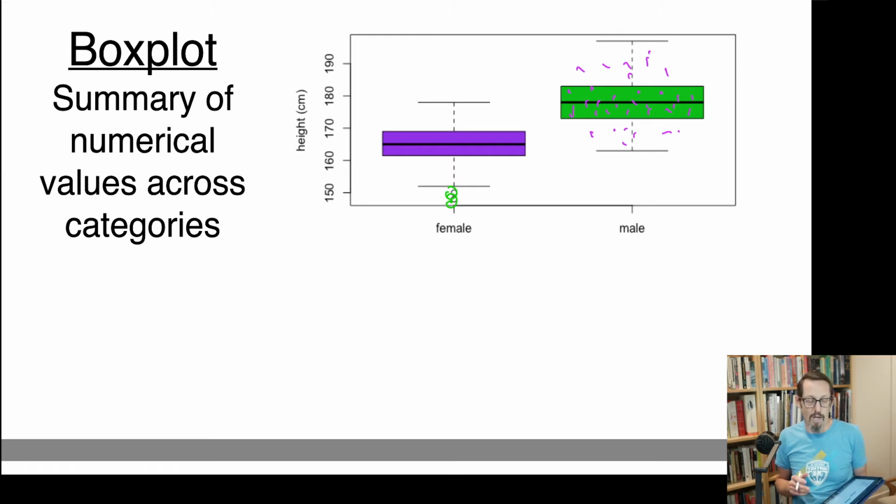So that is branded as something that you might want to take a closer look at. It might be not an adult woman, it might be a 12-year-old, okay? Might be something outside of the category that you think you're dealing with. Or in this case, perhaps somebody with a medical condition that makes them particularly short.